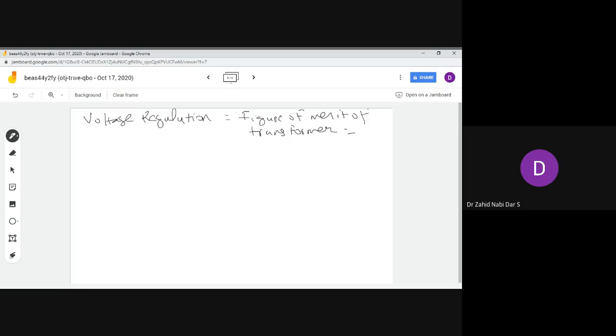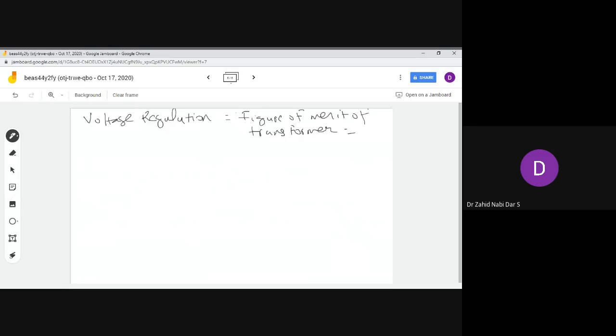Somebody switches on the geyser, and you will see a little dip in the light in your house. It was brighter prior to it, and becomes a little less bright. If you notice, when you put on a geyser or a press or a heating load, what happens to the light? What happens to the voltage? The voltage will go down a bit.